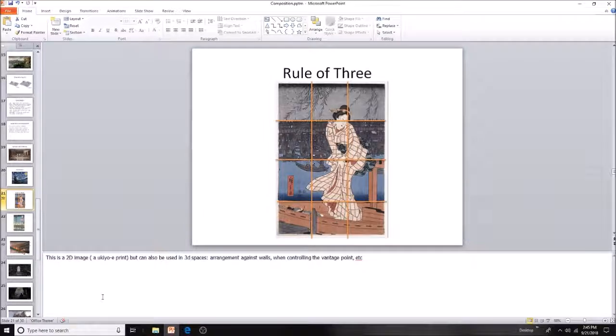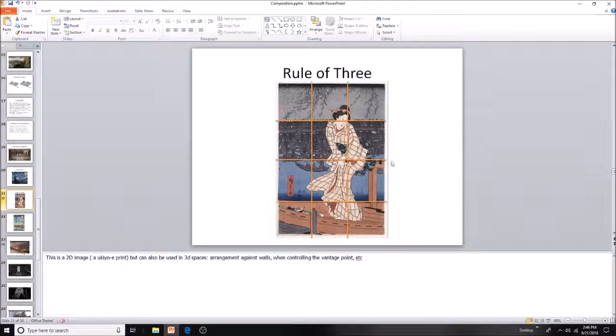Another good rule is this rule of 3. Of course, this is very easy for 2D people to work with, a lot harder when you're trying to plan out your 3-dimensional scene. But basically, what this says is that you want to divide your image, arrange them into these 3 quadrants or whatever, and you never want to put anything in dead center, right?